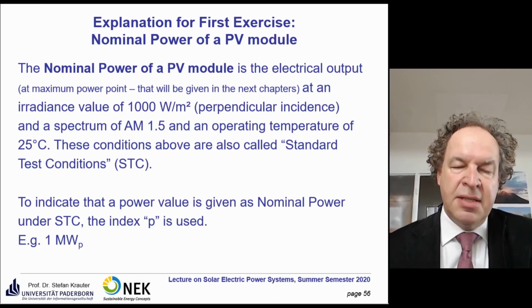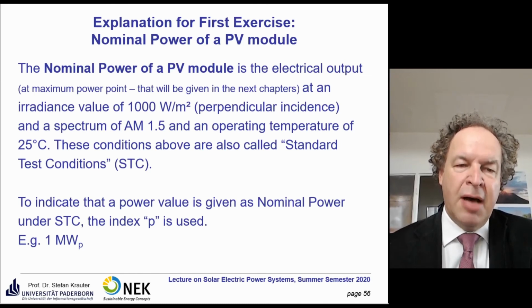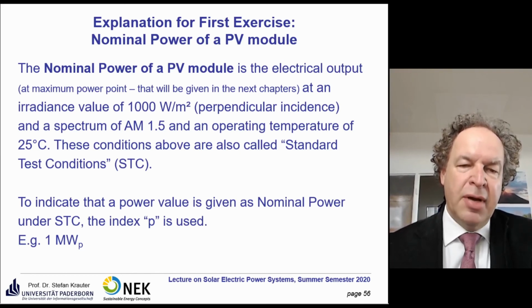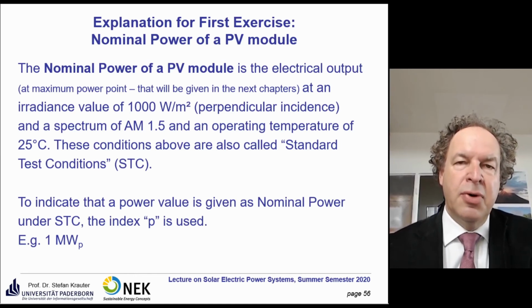That means the irradiance is fixed at 1000 watt per square meter, which is really high in Germany, which mostly never happens, and a fixed spectrum at air mass 1.5, and a fixed temperature at 25 degrees, which is also quite optimistic, because usually the temperature is quite high, and in a photovoltaic system this leads to a lower voltage and lower performance.